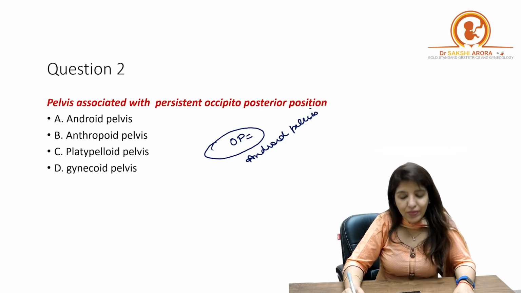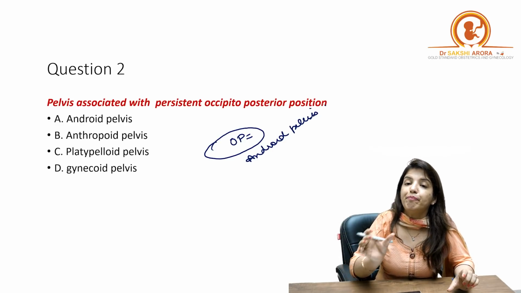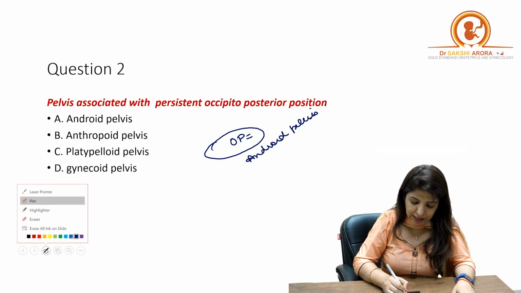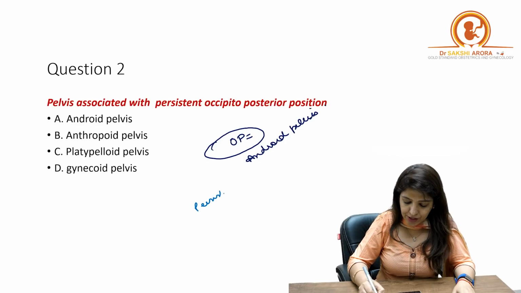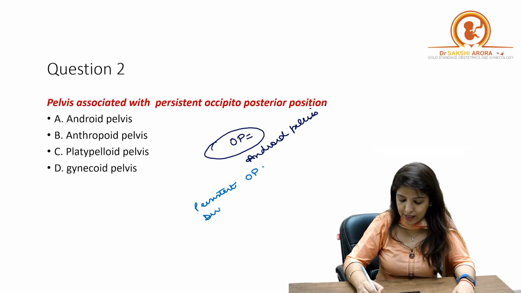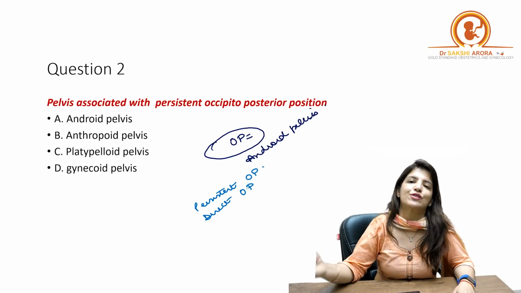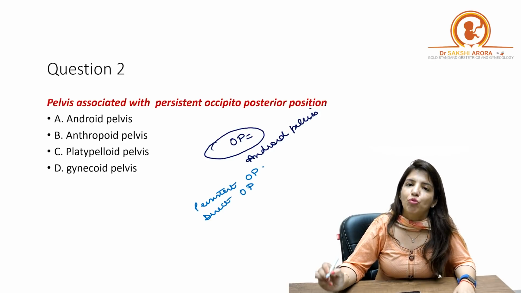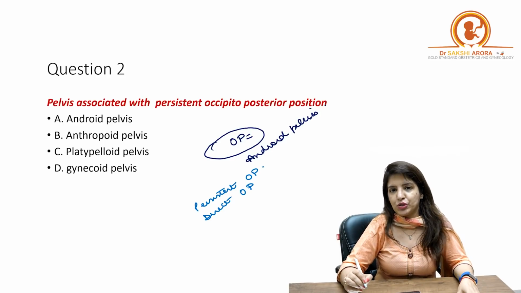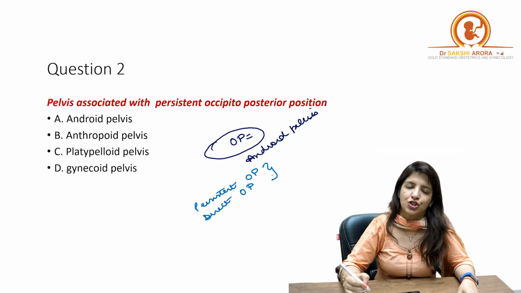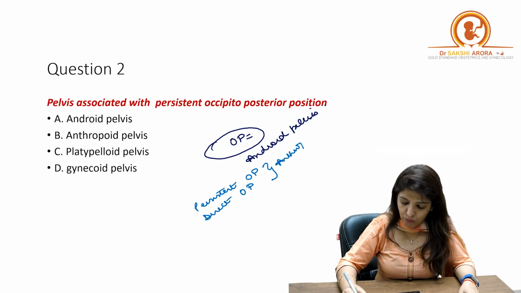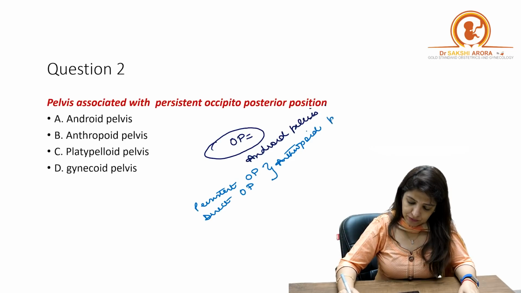But on the other hand, if there is a prefix attached to occipito-posterior position, for example, if there is persistent occipito-posterior position, or if your question is direct occipito-posterior position, the moment these two words are added in front of occipito-posterior position, your answer changes from android pelvis to anthropoid pelvis.